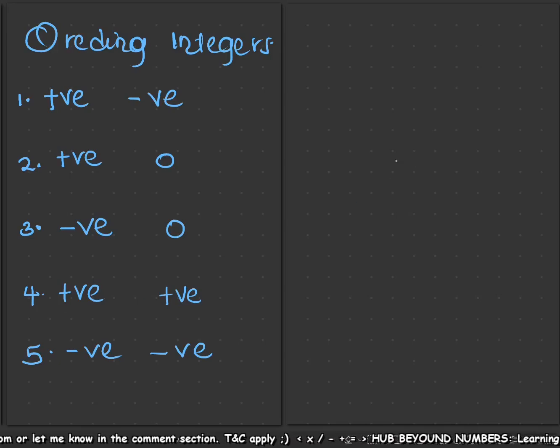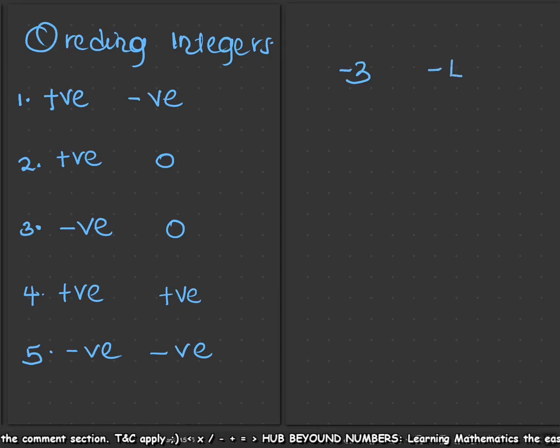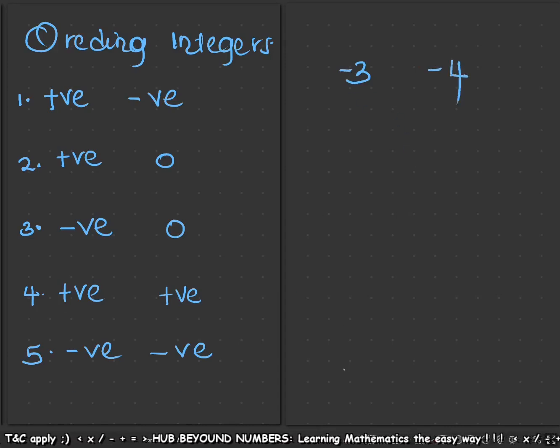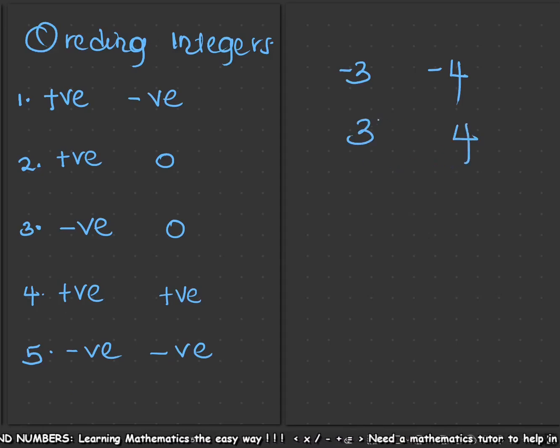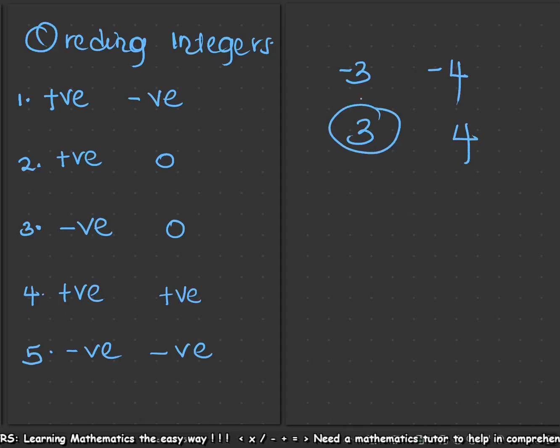Or if you want, let's say you have -3 and then -4. Assume the negative sign wasn't there. So that is a 3 and then 4. For this, you would always say the smaller one then becomes the bigger value. That is for negative numbers.